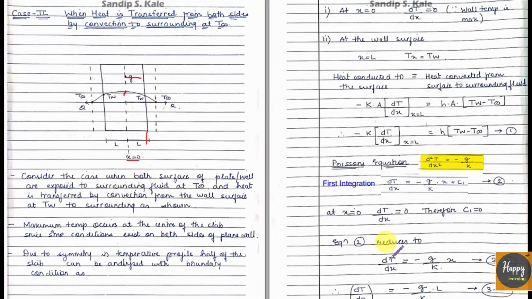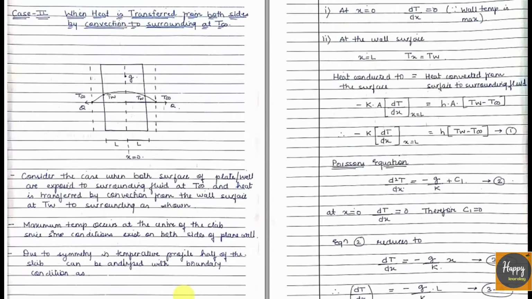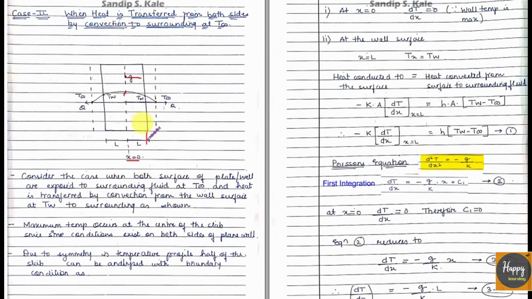So now we will see the further part. We will integrate equation number 3a. If we integrate this, what will we get? T = -(g/k) x²/2 + C2. This is your second constant, that is nothing but C2. Now at x = L, what is the temperature? T = TW, the surface temperature.